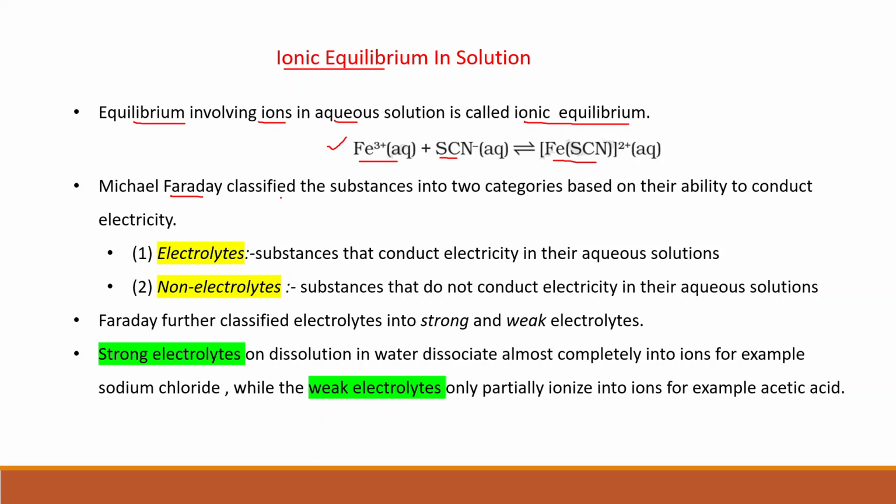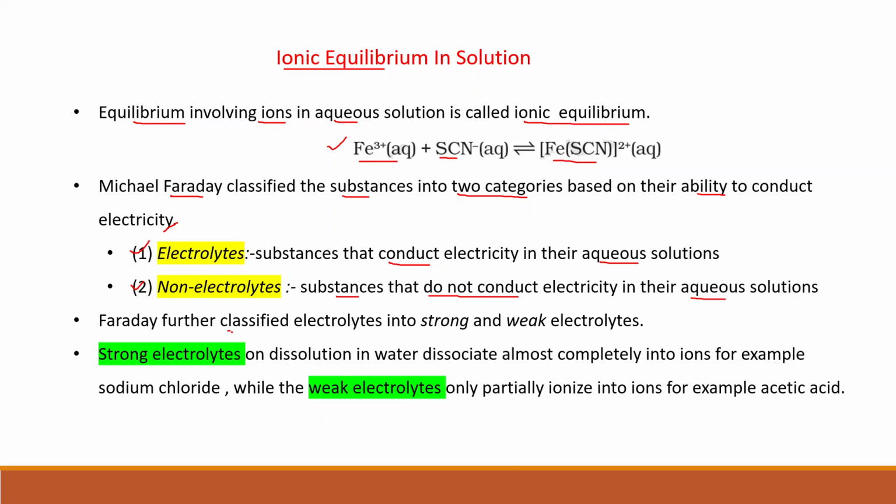Michael Faraday classified substances into two categories based on their ability to conduct electricity: electrolytes and non-electrolytes. Electrolytes are substances that conduct electricity in their aqueous solutions, while non-electrolytes do not conduct electricity in their aqueous solutions.